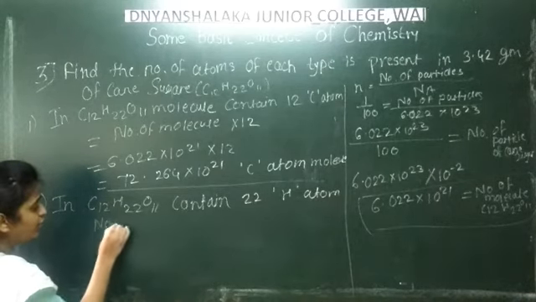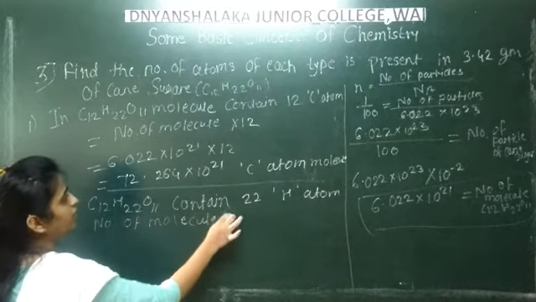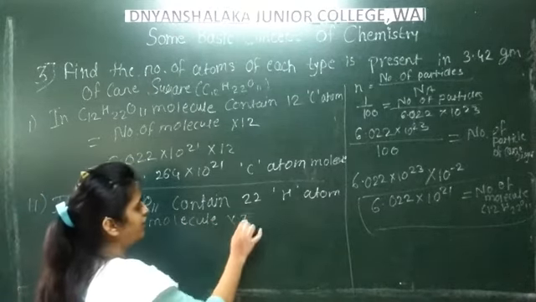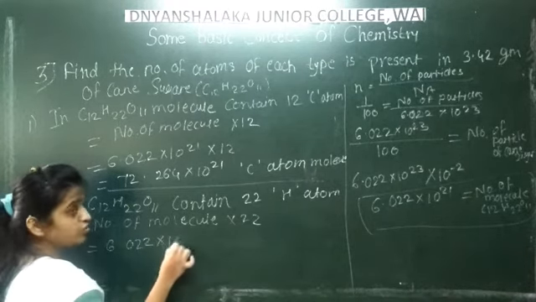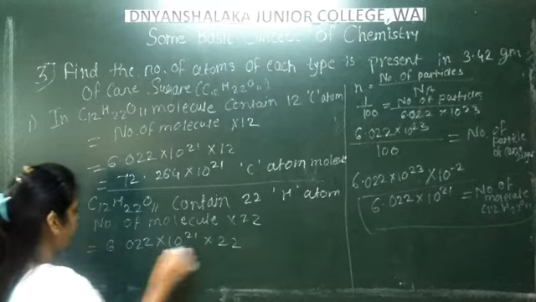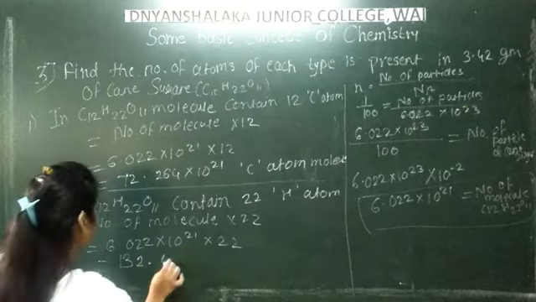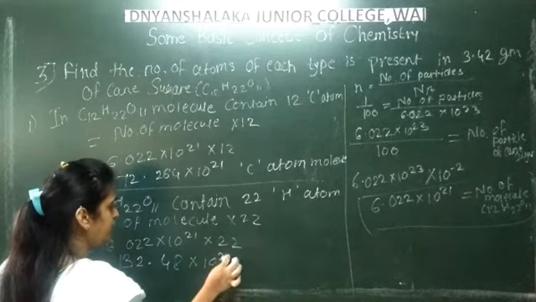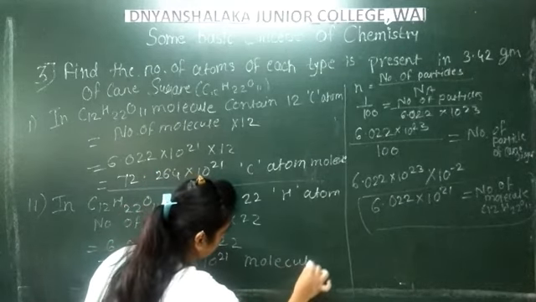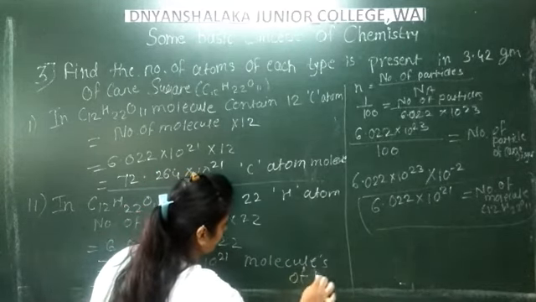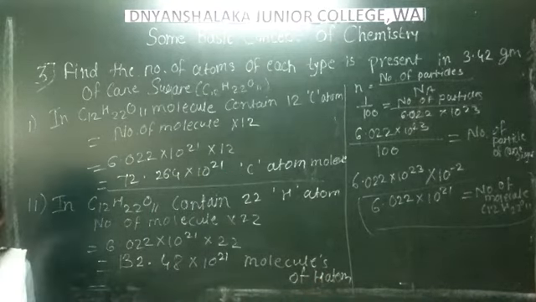Number of molecules of cane sugar into 22 atoms: 6.022 into 10 raised to 21 into 22. So for hydrogen we get 132.48 into 10 raised to 21 atoms of hydrogen present in the cane sugar molecule.